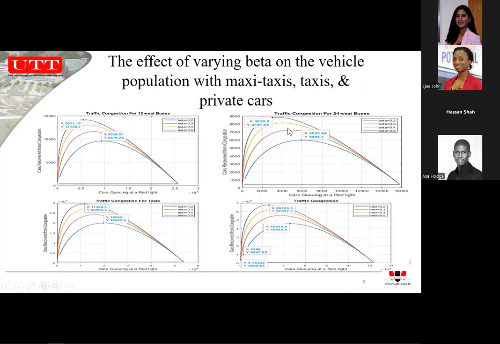So we first have on top the 12-seater, then followed by the 24, then taxis, and last we have private vehicles. And each graph is cars recovered from congestion against cars queuing at red lights. And so we can see that each figure shows the same pattern, and the blue curve represents a low beta, and the purple curve on top represents a high beta value.